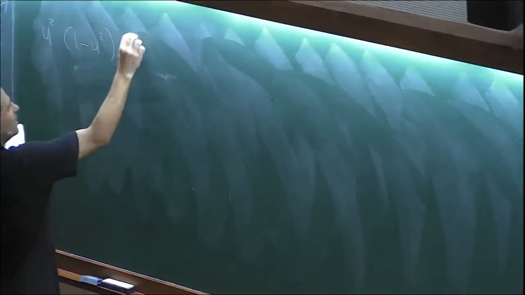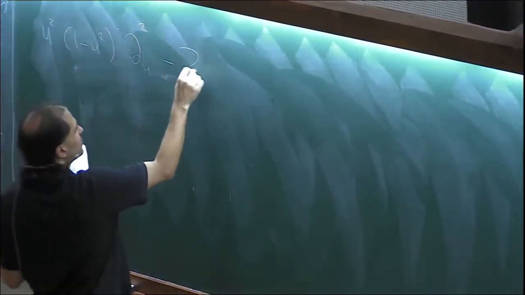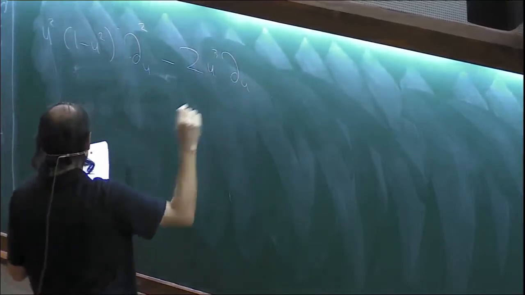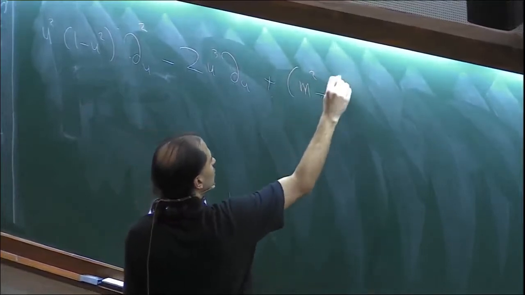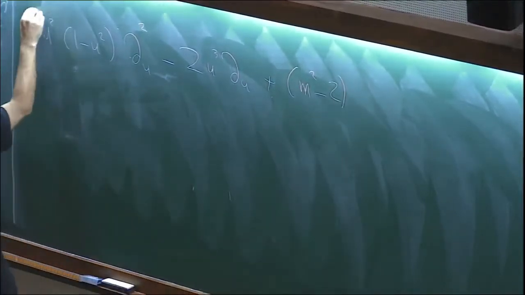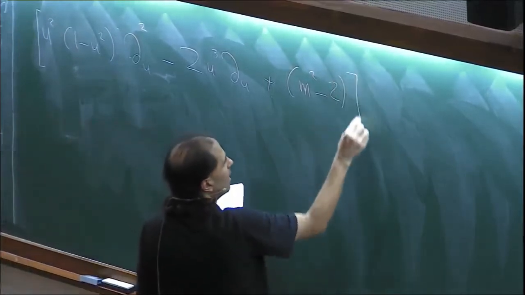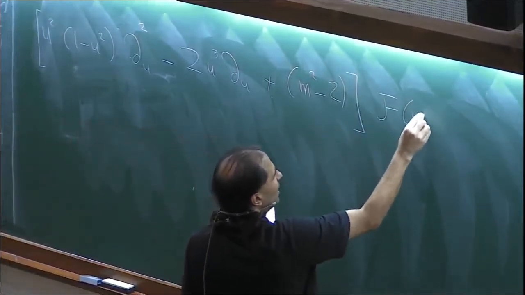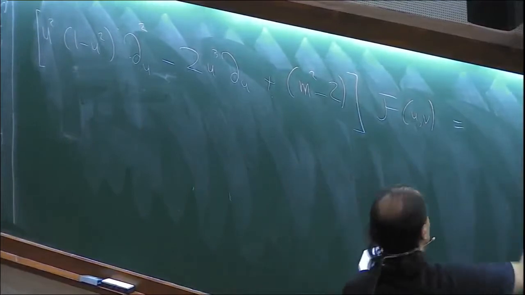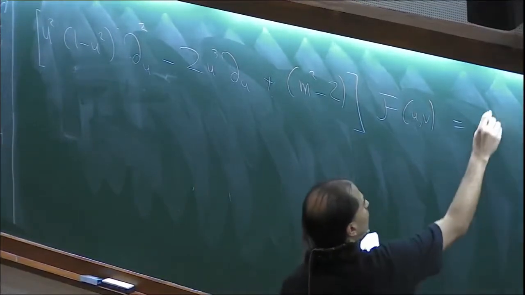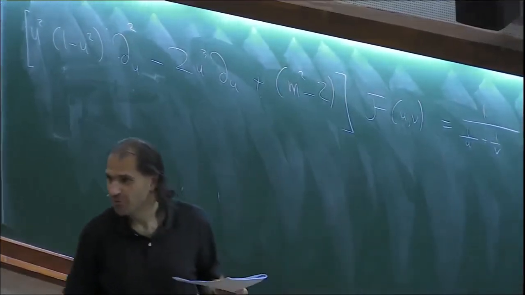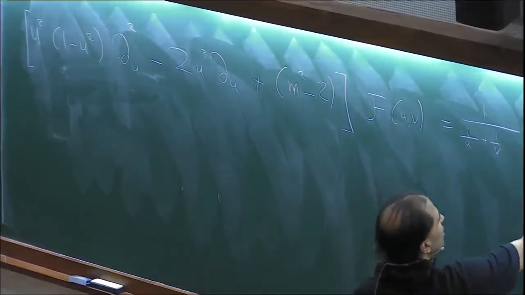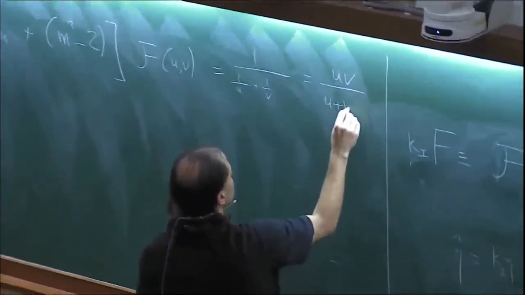Is u squared, 1 minus u squared, u squared, minus u cubed du, plus m squared minus 2, f of u and v is equal to 1 over u plus 1 over v, that's the k12 plus k34, which is uv over u plus v.